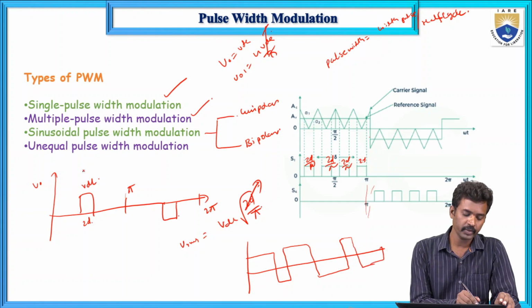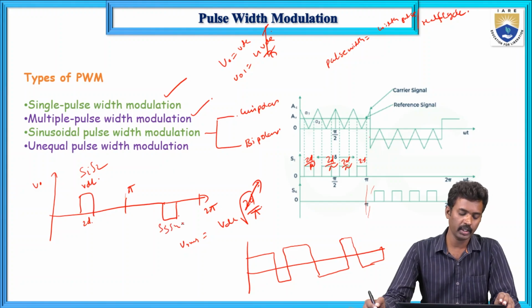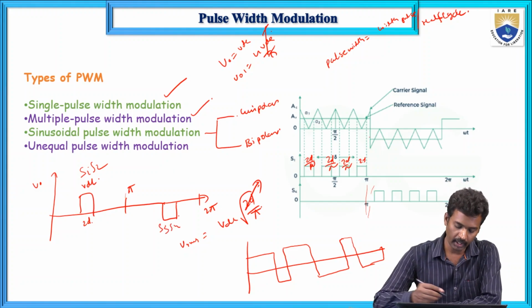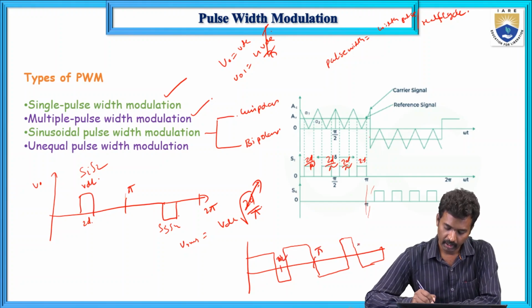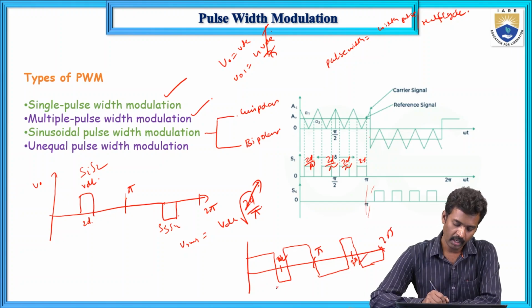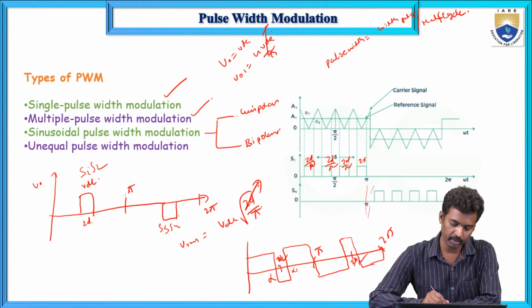Here S1, S2 will conduct, and S3 and S4 will conduct in the negative half cycle. This is pi by 2, this is pi, this is 3 pi by 2, and this is 2 pi. Here this is alpha, and this is alpha 1. So pi minus alpha and pi plus alpha 1.